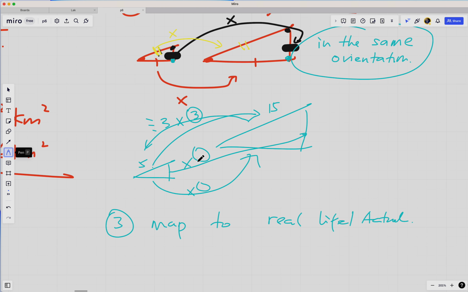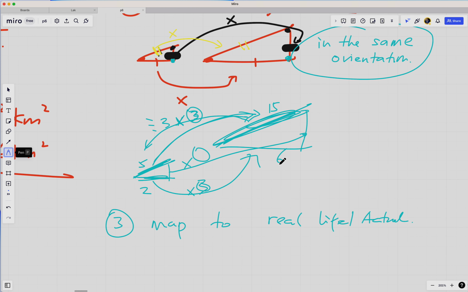Why? Let me explain to you. Just now you said this side matches with this side, right? And then there is a factor, which is times 3, for you to go from here to here. Same thing: if this is 2, it has to times 3 to get 6 here. Does it make sense?